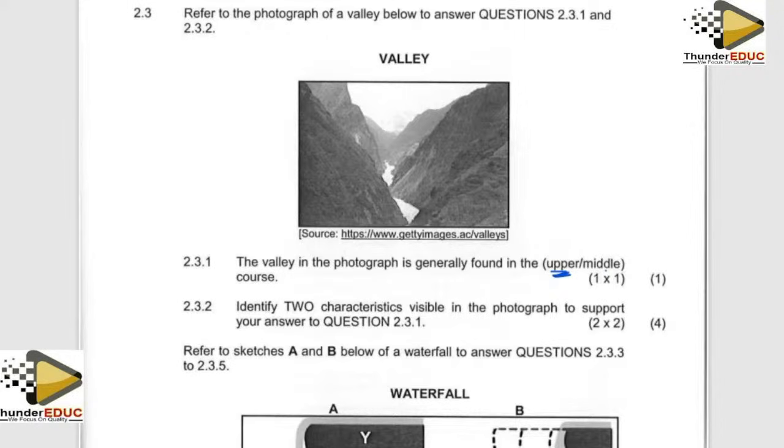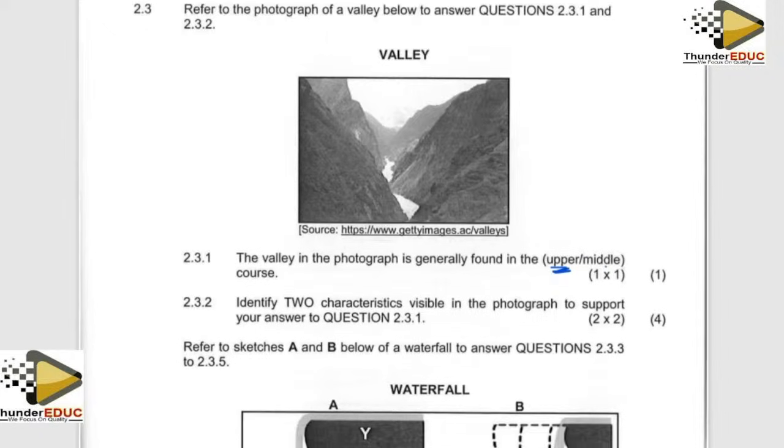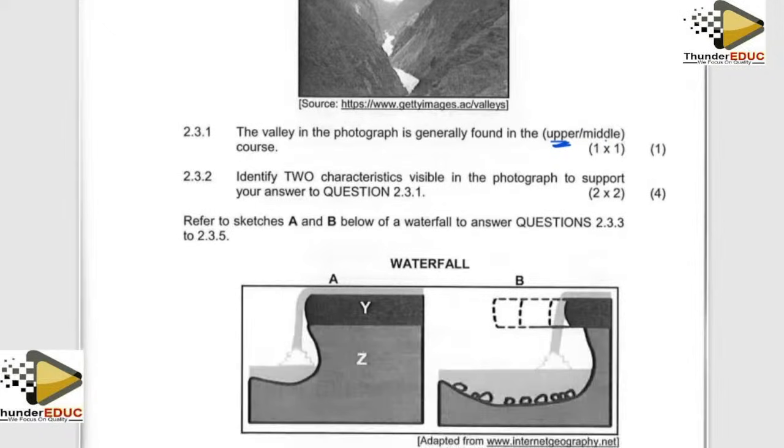Identify two characteristics visible in the photo to support your answer. Number one is the narrow valley, a very narrow valley. Besides the narrow valley, the V-shaped valley is also evident. Also, we can look at the interlocking spurs that you can see there.